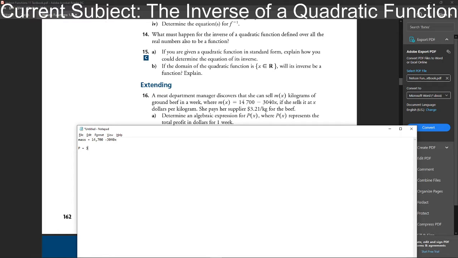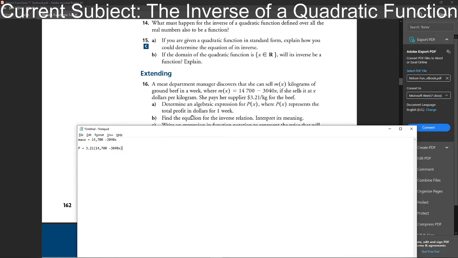So let's do 3.21 times this, right? Determine the algebraic expression for P of x, where P of x represents the total profit in dollars for 1 week.